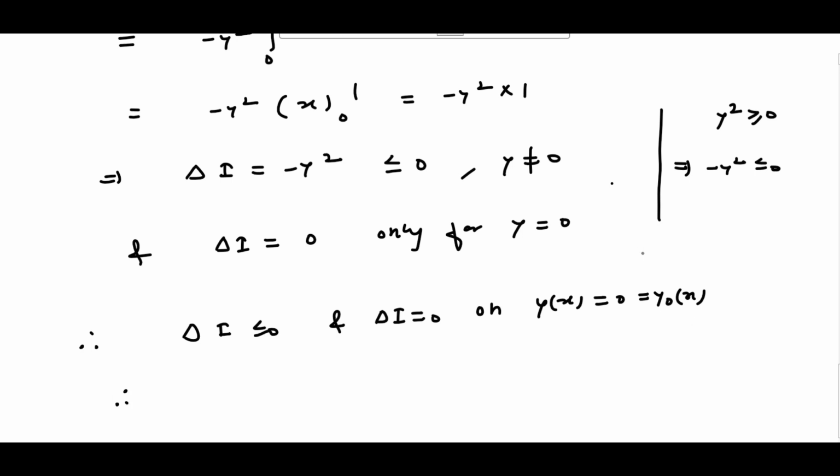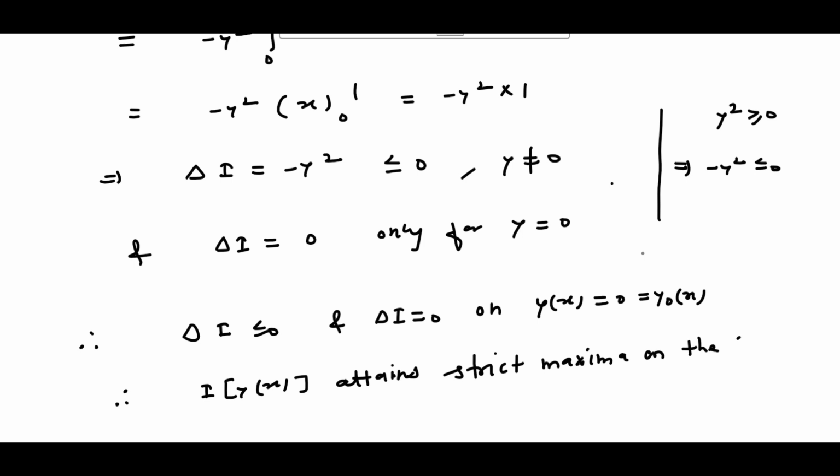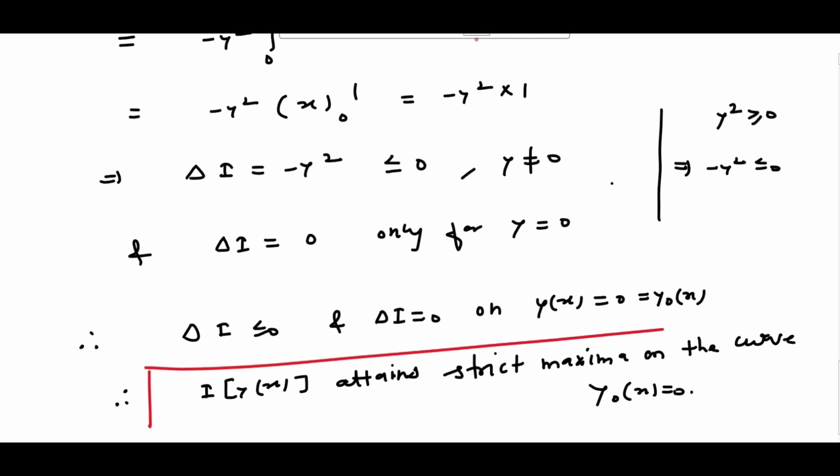So we can say that the functional I of y of x attains strict maxima on the curve y naught of x equal to 0, and this is our required final answer.